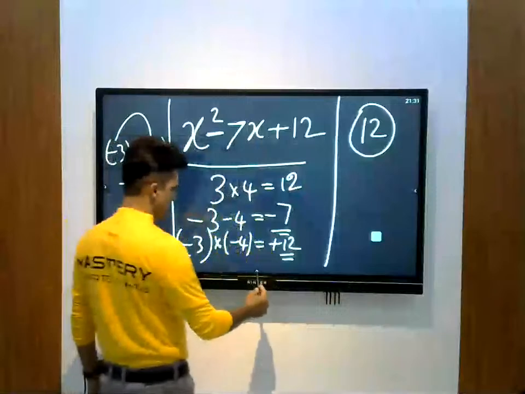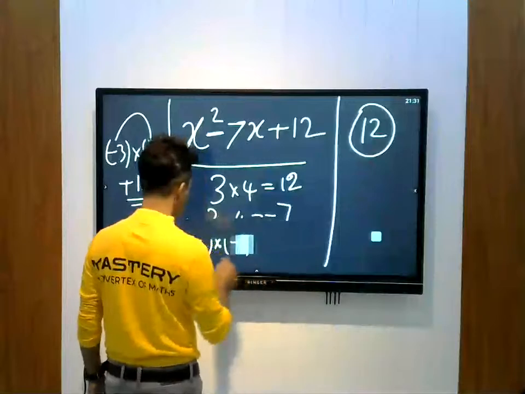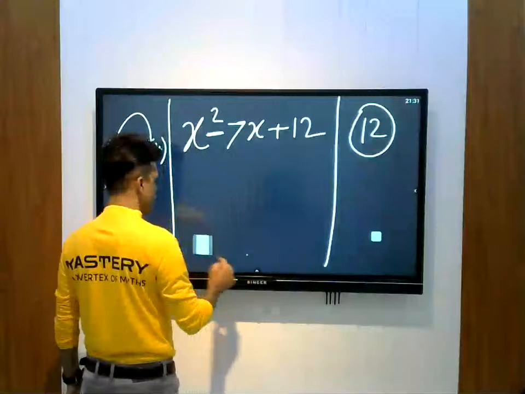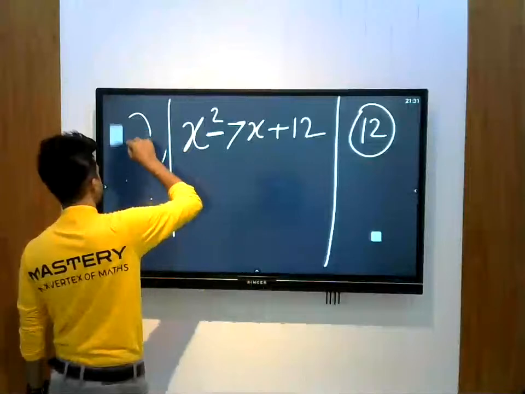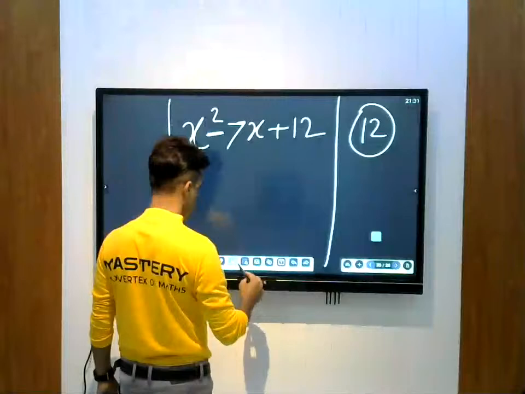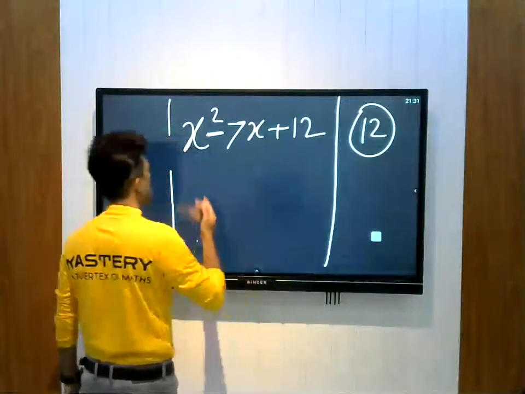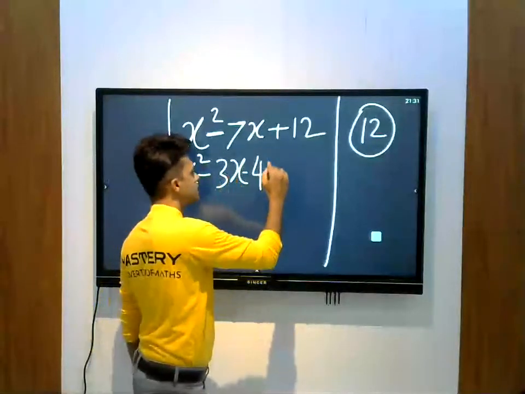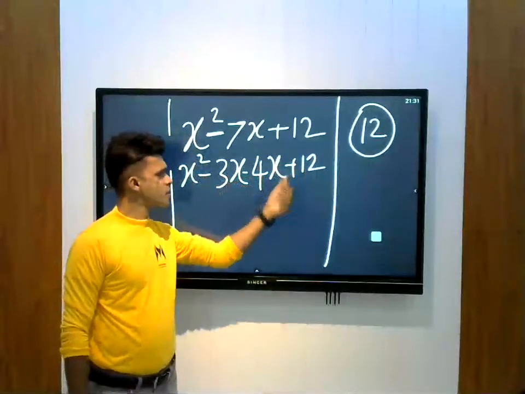In terms of getting the factors of this quadratic expression, I will write it here. So x squared minus 7x plus 12. Then what are the factors of 12 so that we can get minus 7x? Here x squared minus 3x minus 4x plus 12.